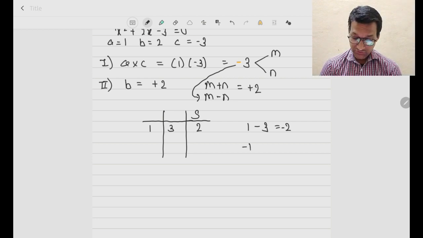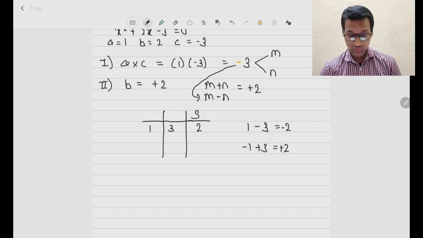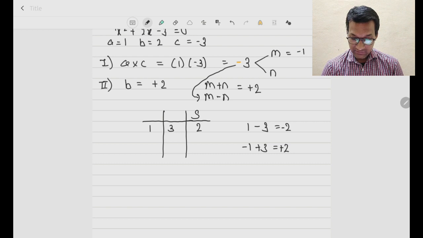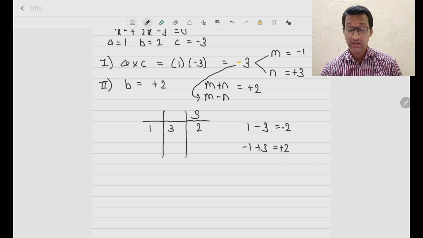So minus 1 plus 3 will give me 2. That is plus 2, that is what is B. So the sign of B is also important. The factors that we wanted, that is M and N, are M is minus 1 and N is plus 3. So we have got the factors.